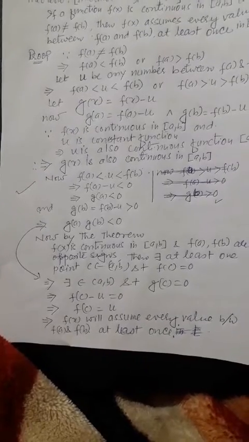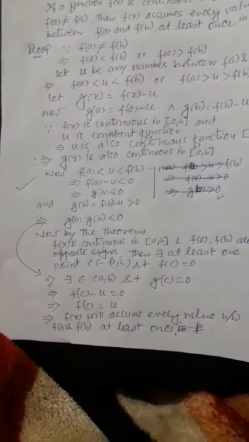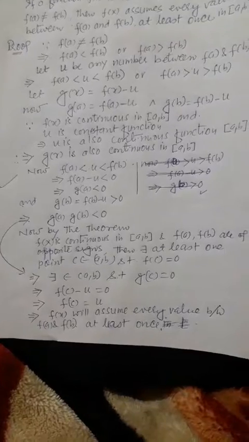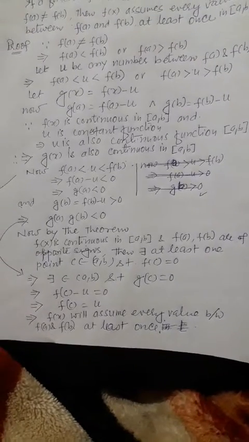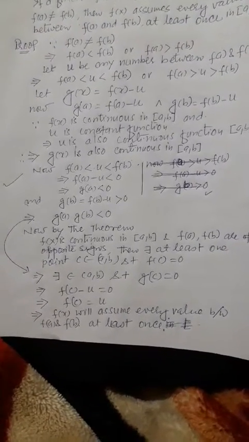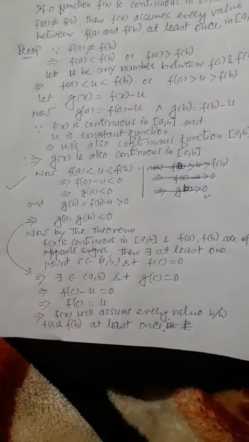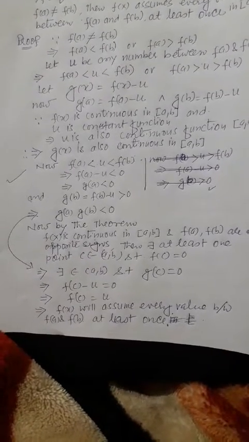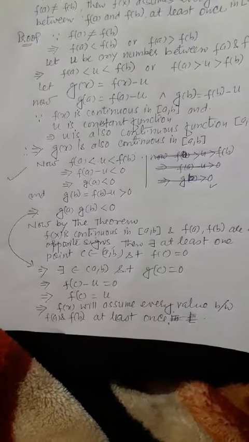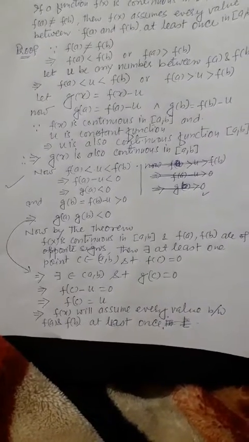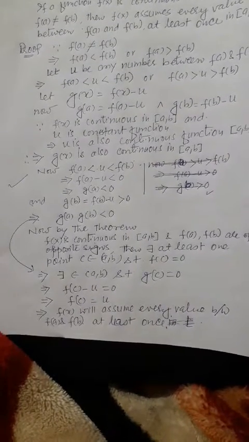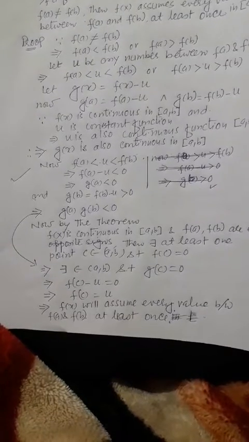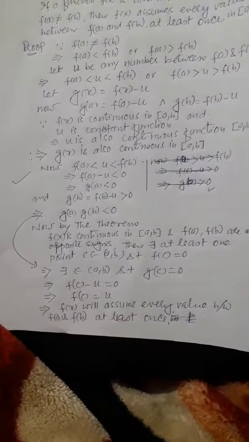Let u be any number between f(a) and f(b). So we can write symbolically f(a) < u < f(b), or you can say f(a) > u > f(b).